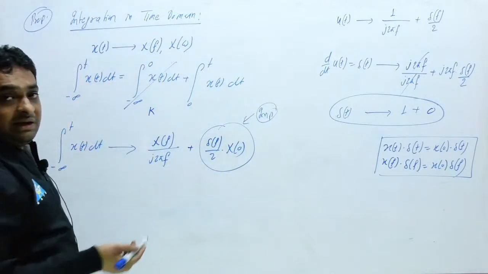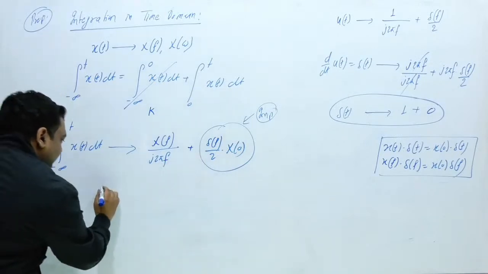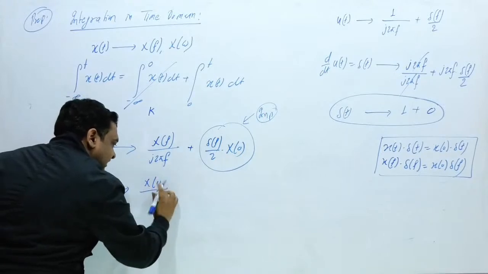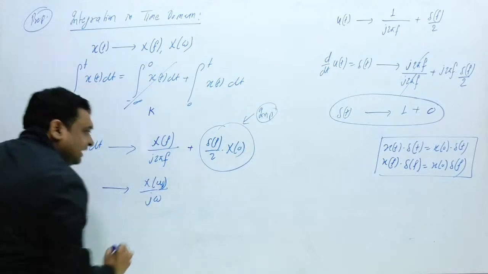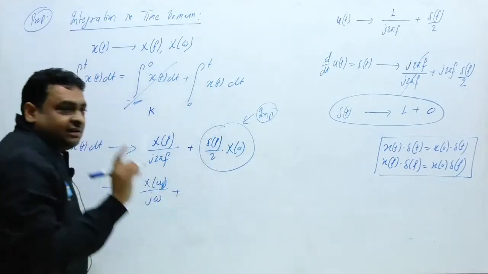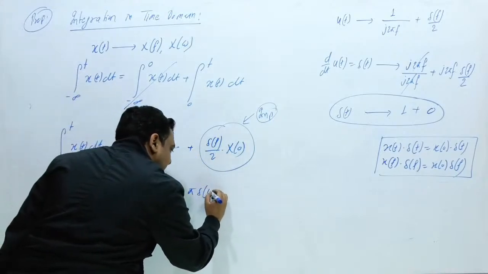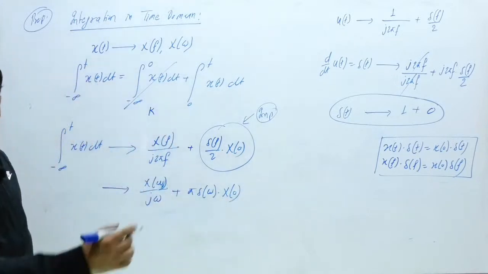You get this term because of the initial value. In terms of omega, this is X(omega) divided by j omega plus, the 2 cancels out, pi del omega multiplied by X(0). You can also write it in this way.